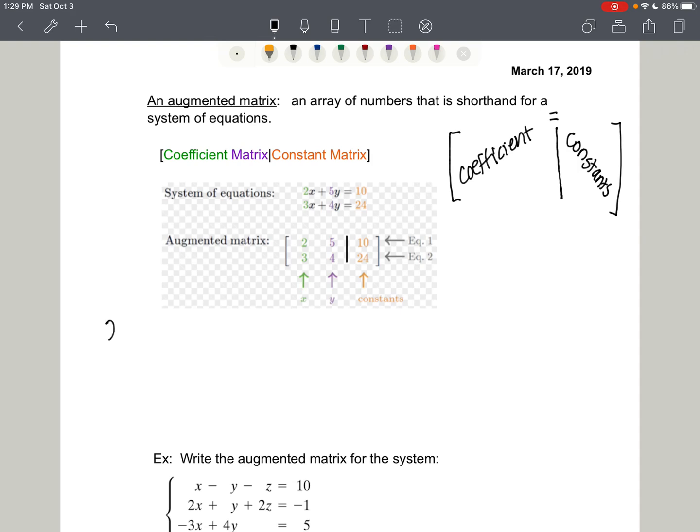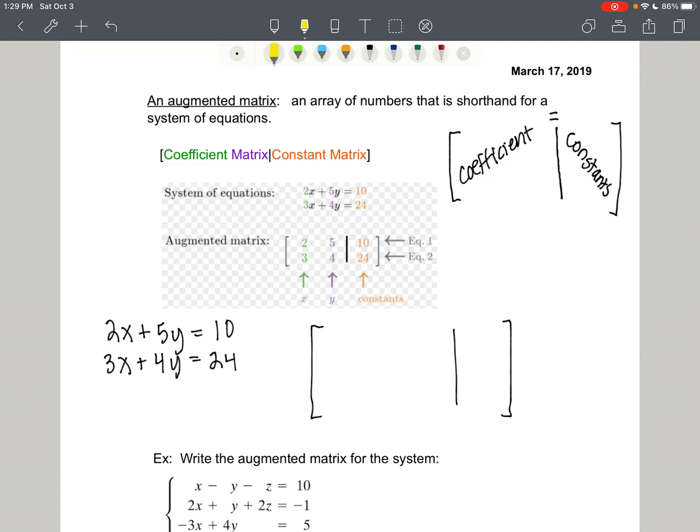So if our system of equations is 2x plus 5y equals 10, and 3x plus 4y equals 24, our x's line up.